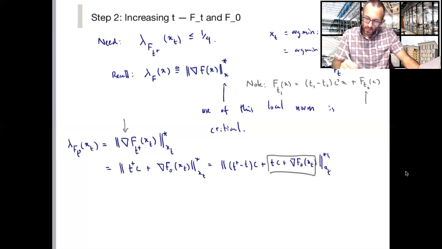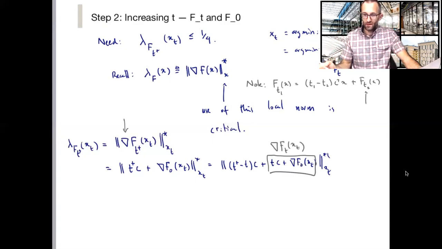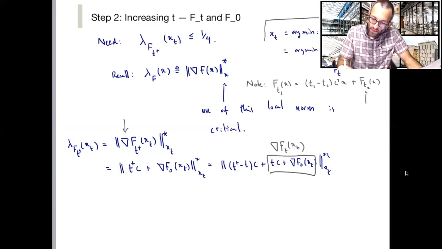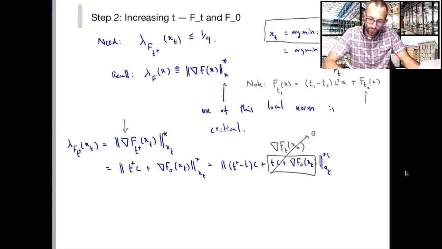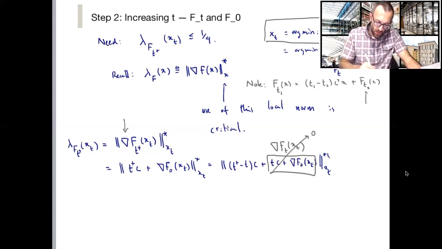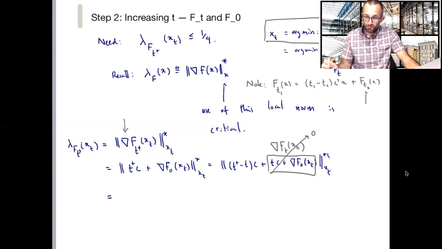This is exactly equal to the gradient of f_t at x_t. And if you note this definition of x_t, it's the argmin of a convex function, unconstrained, and therefore this is equal to 0. So that goes away. That simplifies my expression of lambda of f_t⁺ evaluated at x_t.